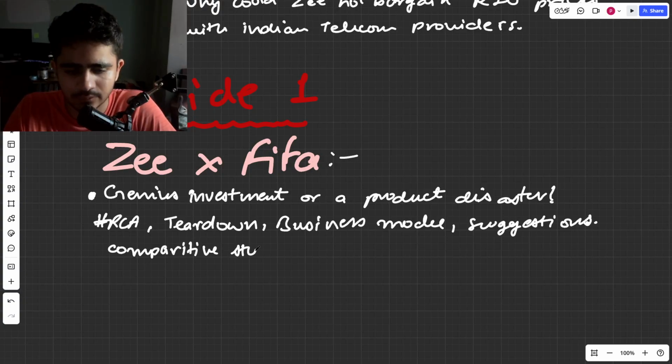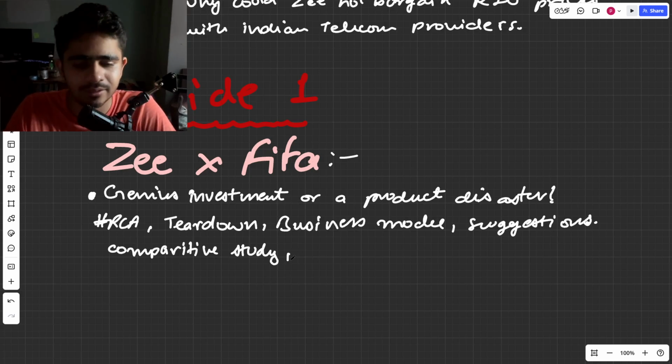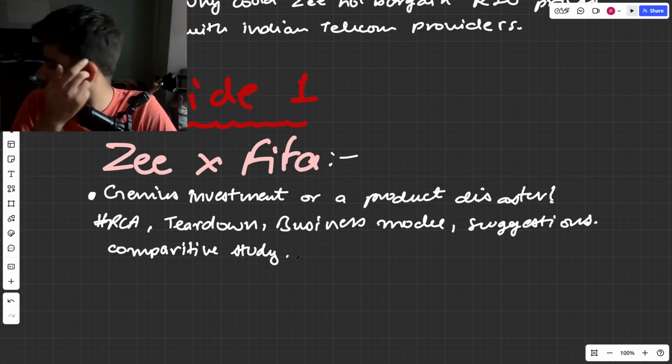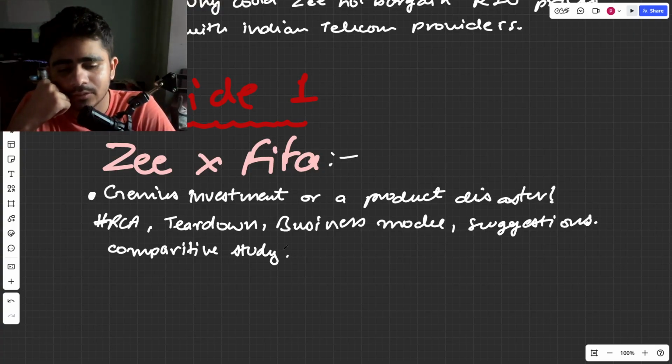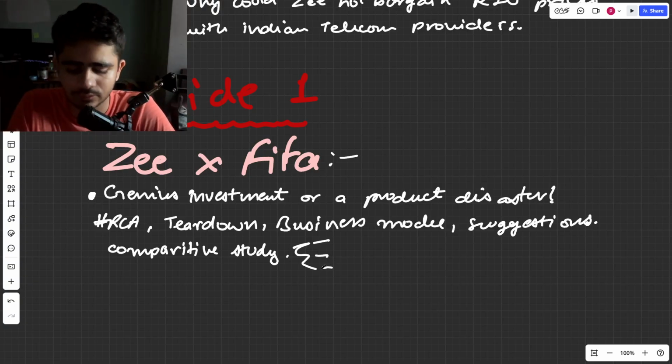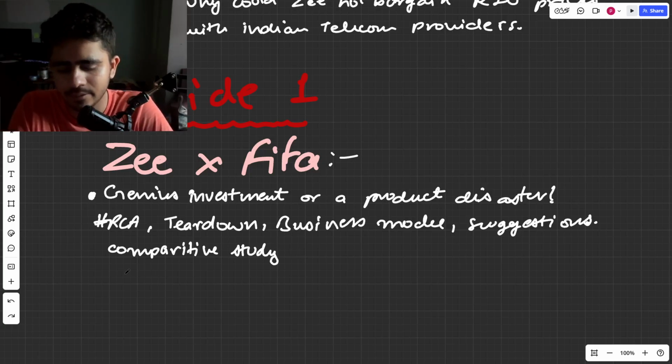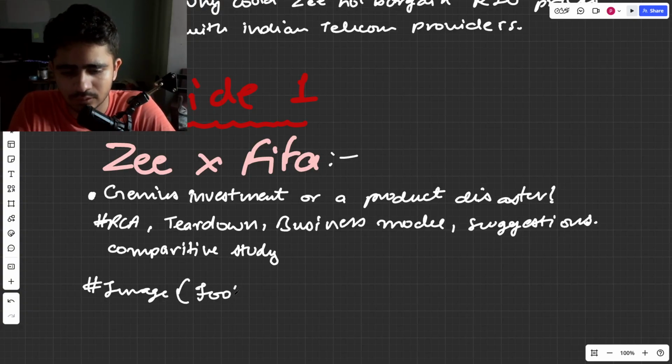It is also a comparative study. We do compare all three, Jio, Sony, and this, so it is that also. But I think we are good to go. This can be the first slide. Anything else on the first slide? Obviously, a good image of, let's say, a football.